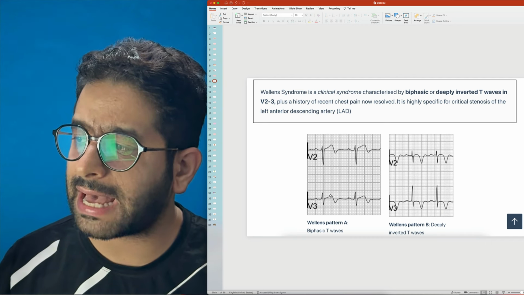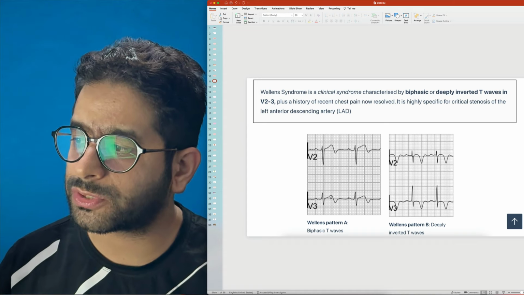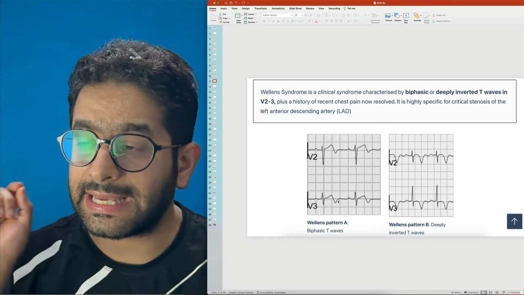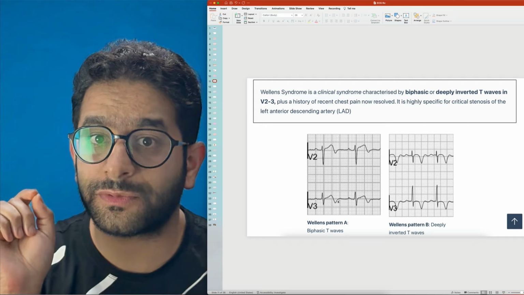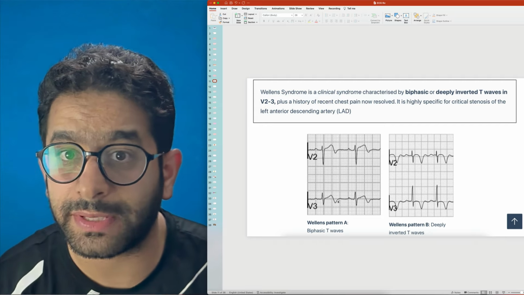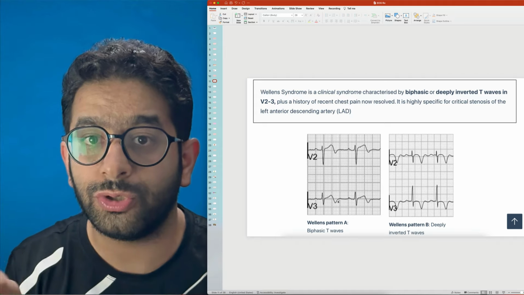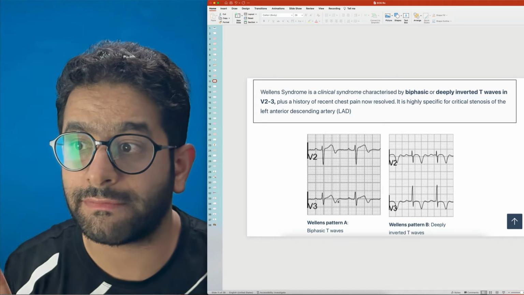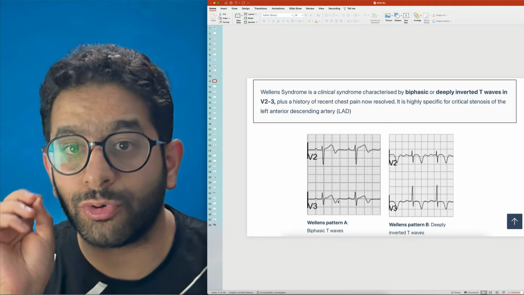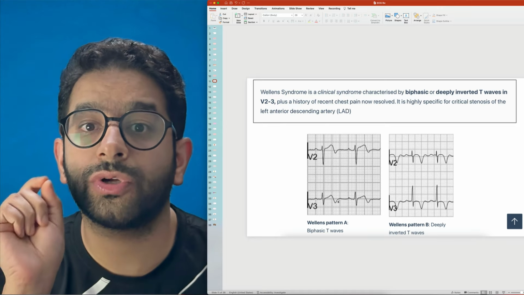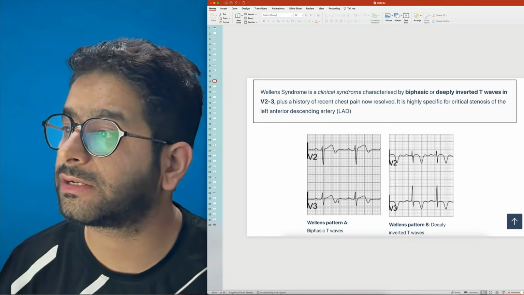The T wave is having a biphasic pattern, a positive followed by a negative deflection. In a patient with a history of chest pain, he may not have chest pain at present, but history of chest pain with this dangerous looking ECG, you should plan for early coronary evaluation, because what we know is that most of these patients have critical occlusion of the proximal left anterior descending coronary artery.